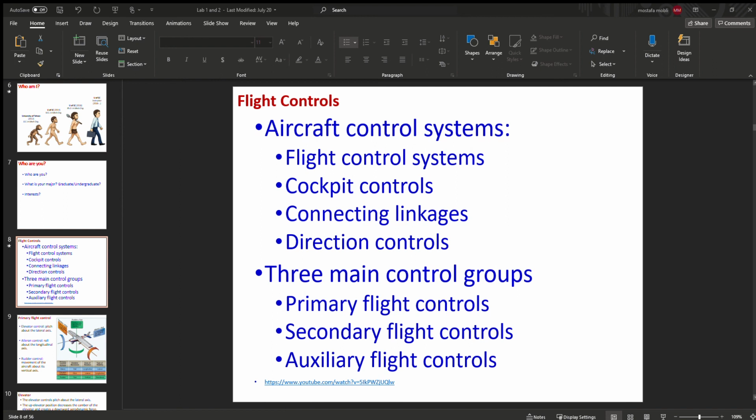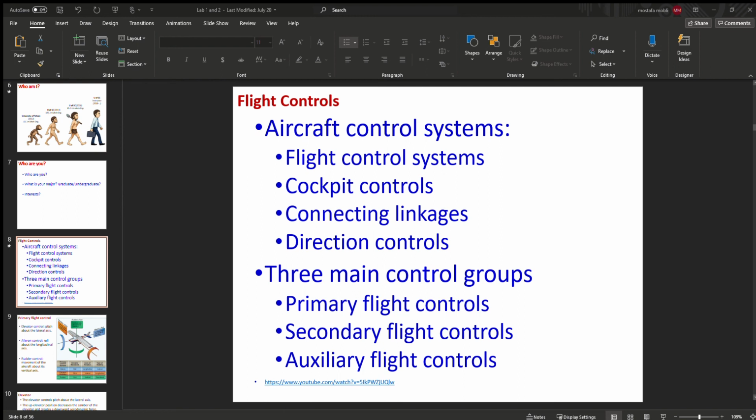Each of the 3 axes moves about the centre of gravity. The aircraft's principal axes are normal axis, drawn from top to bottom, lateral axis, drawn parallel to the wings, and longitudinal axis, drawn from tail to nose. Each axis is perpendicular to the other 2 axes.